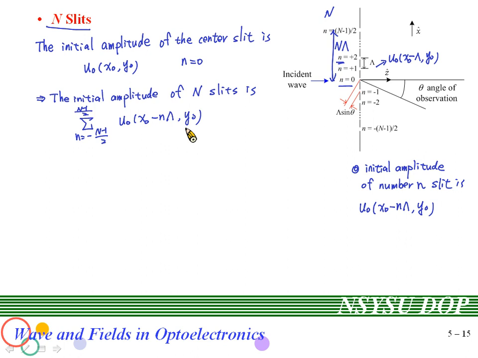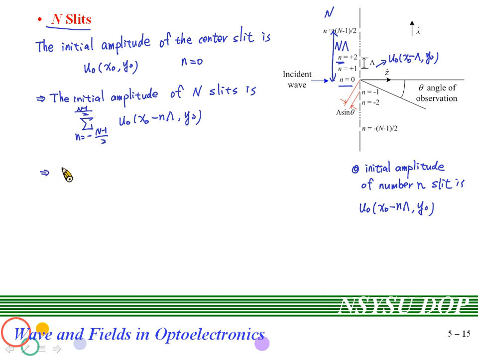Okay, so as I have told you, if you can express the initial amplitude, then you can easily find the corresponding diffraction amplitude by performing the Fresnel integral.